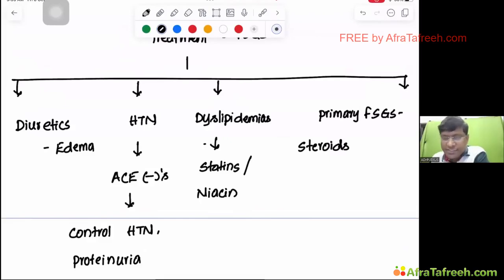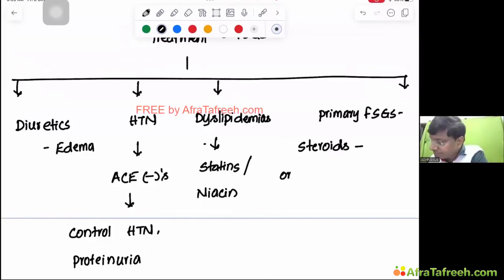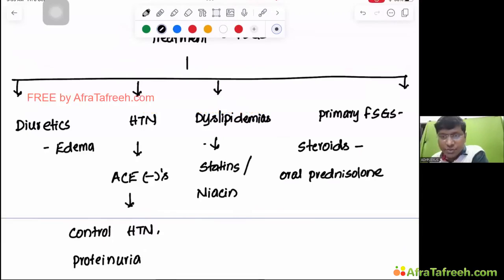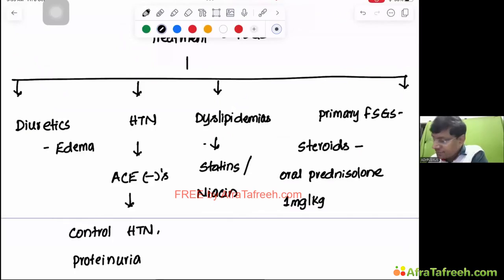Immunosuppressive therapy is very important. The steroid that we give is oral prednisolone, at a dosage of 1 milligram per kg per day.